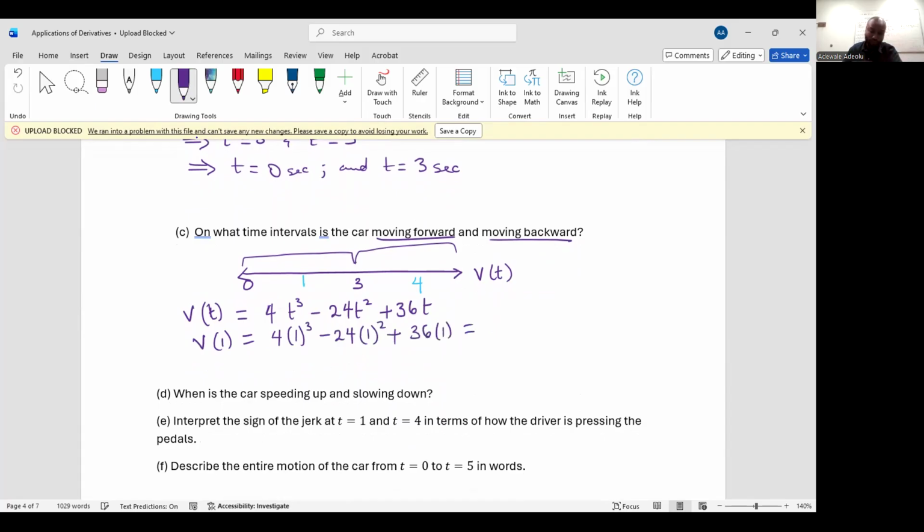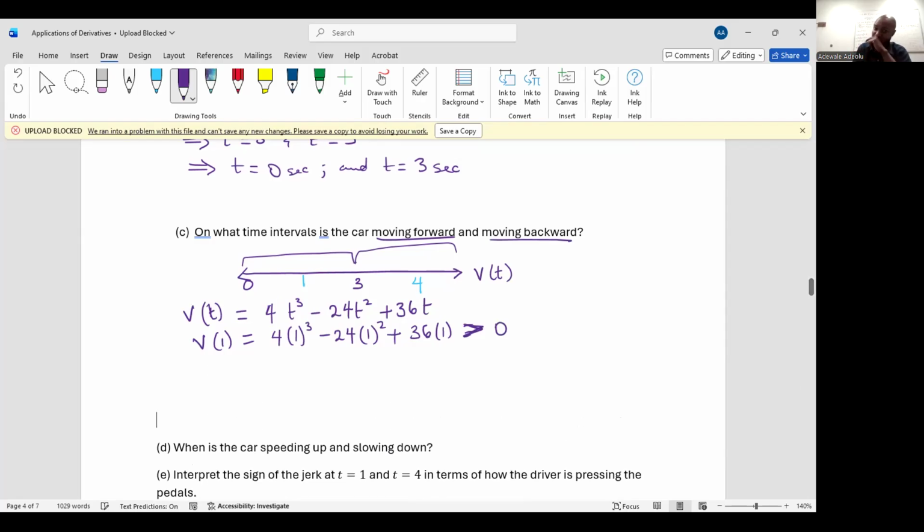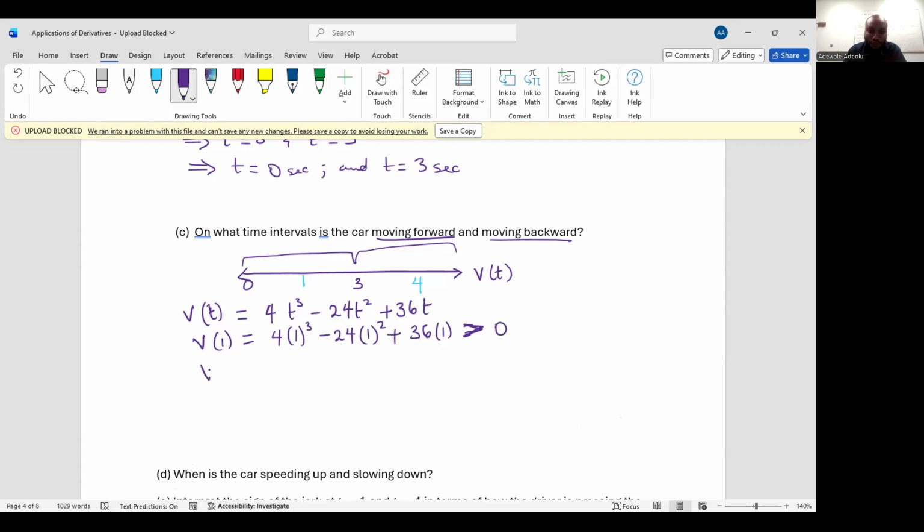So that is 4 minus 24, which is minus 20. Minus 20 plus 36 is 16. So whatever I get there is going to be positive. That is the most important thing. My answer is going to be positive there. What of V of 4?